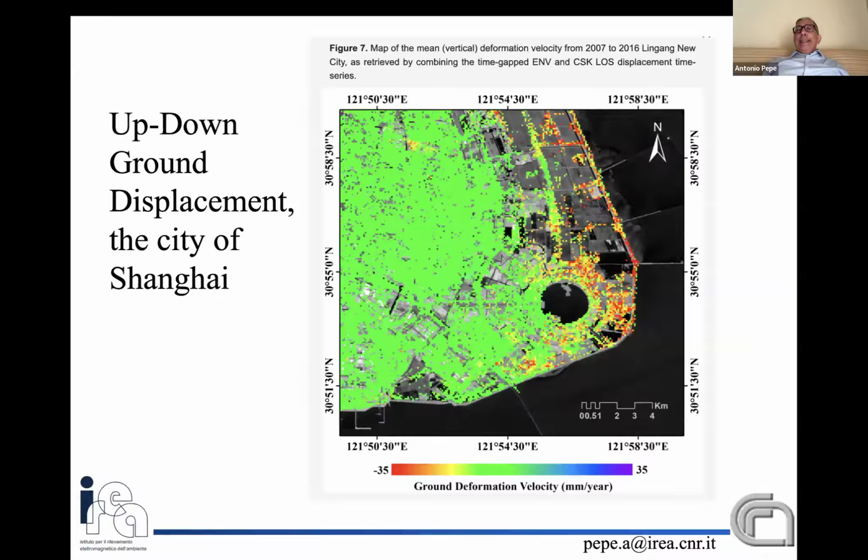In this case, it's quite interesting because this area has been reclaimed from the ocean. So 15 years ago, this area was underwater, and it has been reclaimed from the ocean. And so the deformation that we can see here is related to the compaction mechanism of the soil.